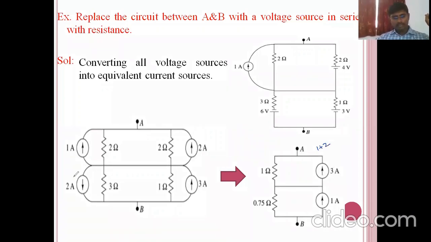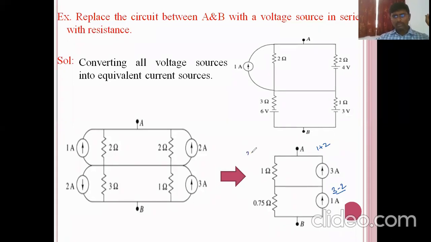Whereas here, this 2 amp is entering node B, while 3 amp is moving out from B. So 3 minus 2 is equal to 1 amp. Here 3 is dominating, so we take the direction of 3.